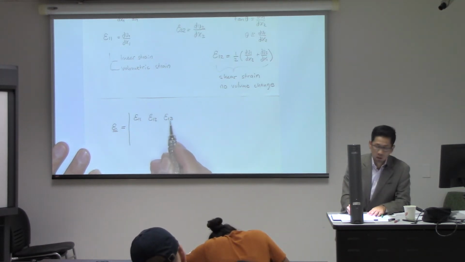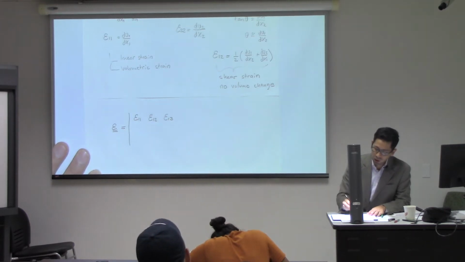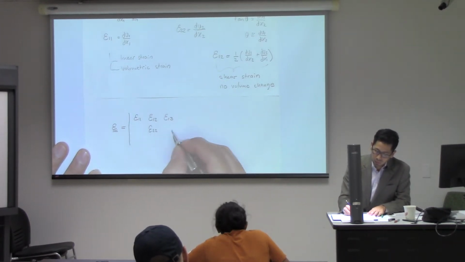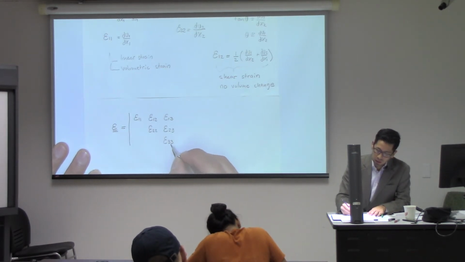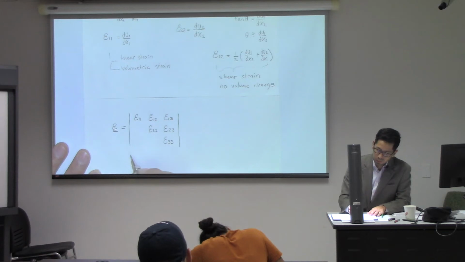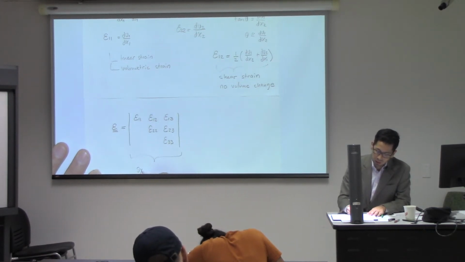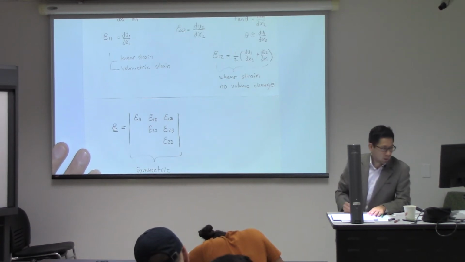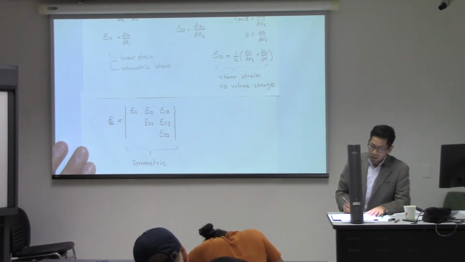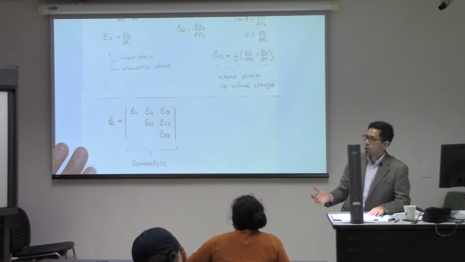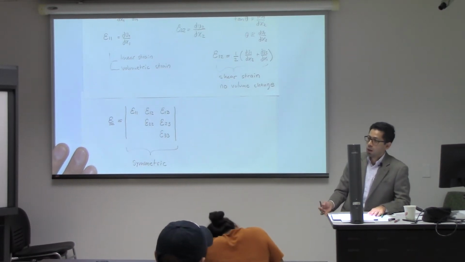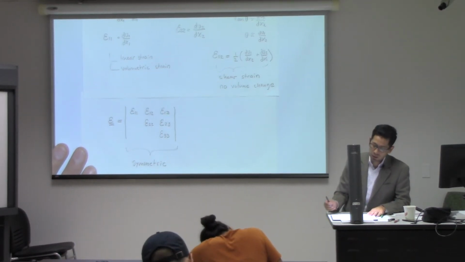Notice that now we have a shear strain in the plane 1, epsilon 2, epsilon 2, and epsilon 3, and this is also, same as the stress tensor, symmetric. So I'm now going to write the lower part below the diagonal, and it's going to be also filled with real numbers. It's going to be also principal values in direction, the same as the stress tensor.